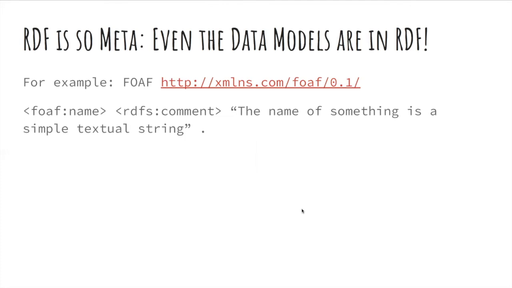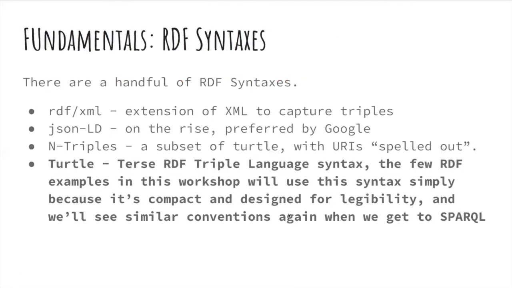So a bit about RDF syntaxes. There are a handful of them that have been established over the years. RDF/XML is an extension of XML to capture triples. Similarly, JSON-LD is an extension to the JSON spec to capture RDF.